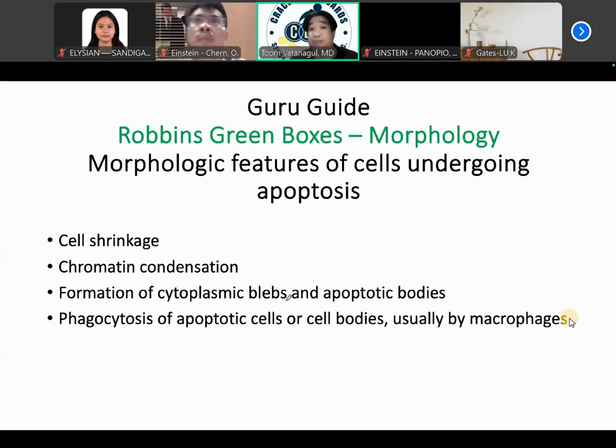There's the formation of the cytoplasmic blebs, and we mentioned the apoptotic bodies earlier. Okay, the membrane fragments, and lastly, there's phagocytosis of the said apoptotic cells or bodies. And this phagocytosis is facilitated by the macrophage. So please remember this by heart.